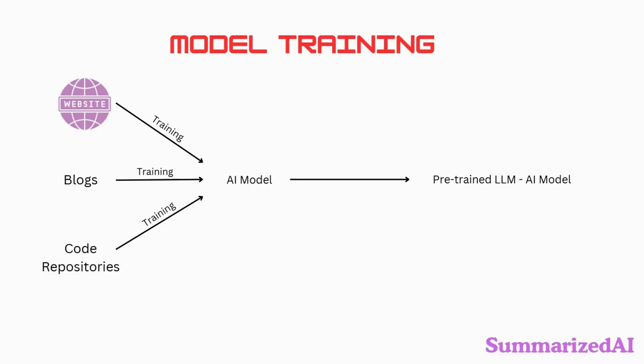We call it pre-trained because the model is first trained on large general purpose datasets before it's used for specific tasks. This initial training gives it a broad understanding of language, code, and reasoning, so it already knows a lot. Later, we can fine tune or adapt it to a particular domain without starting from scratch.